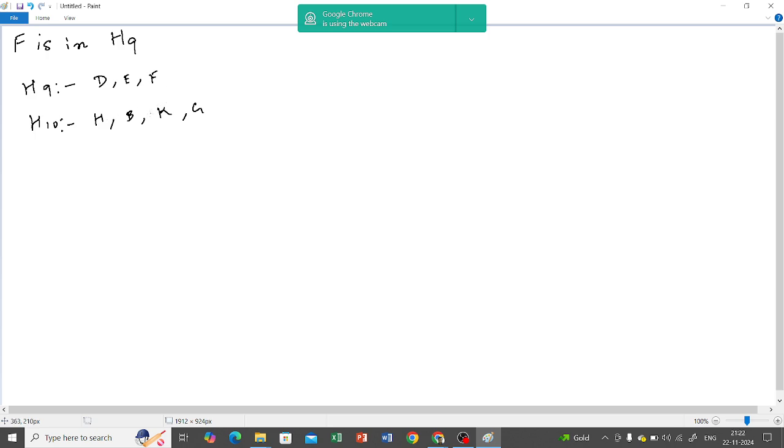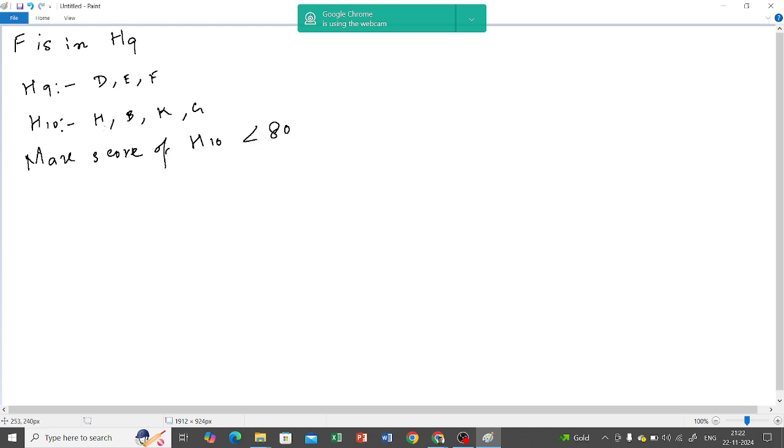Now, you see there is a constraint given that the maximum score of H10 has to be less than 80.